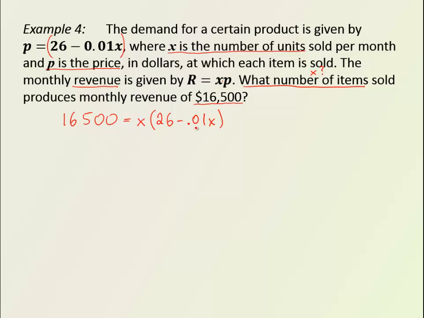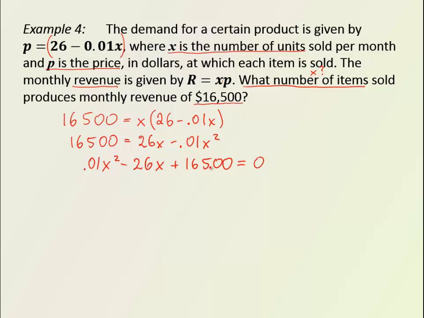The first thing to solve such a quadratic equation would be to multiply through the bracket and arrange all the terms in decreasing order of exponents. So we have here 26x minus 0.01x squared equals 16,500. If we move the x's to the left, then we end up with 0.01x squared minus 26x plus 16,500 equals 0.